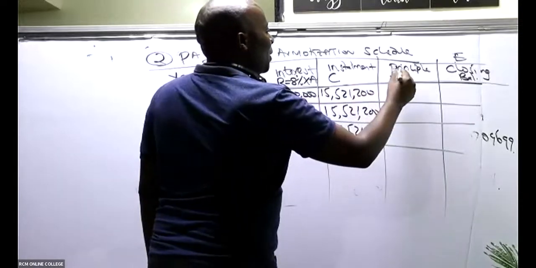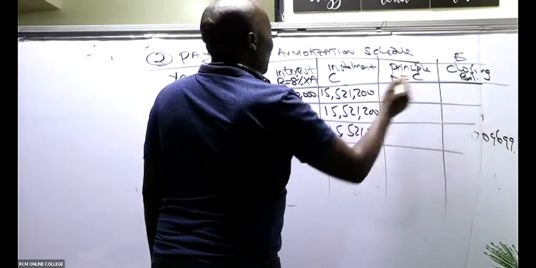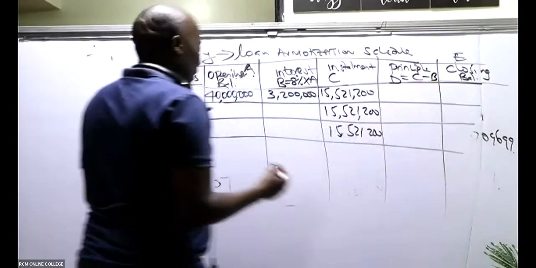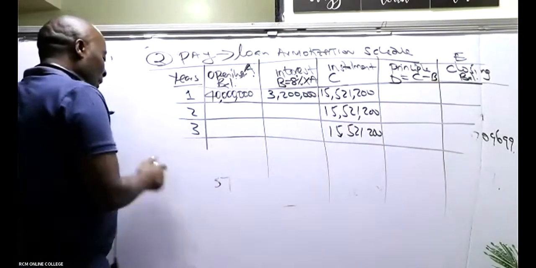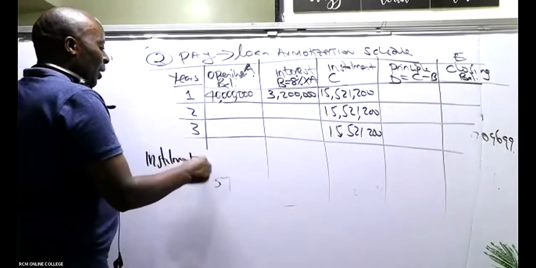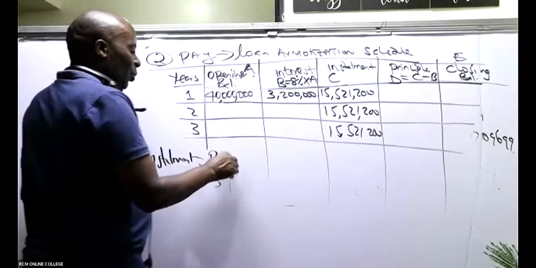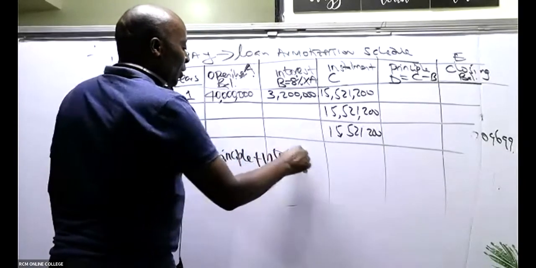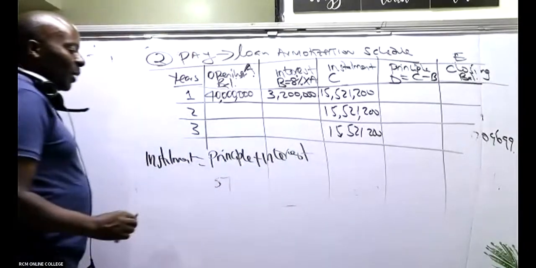What I will do to get principal, I will come and take C minus B. Whenever we pay any installment, it will be equal to the principal plus the interest.